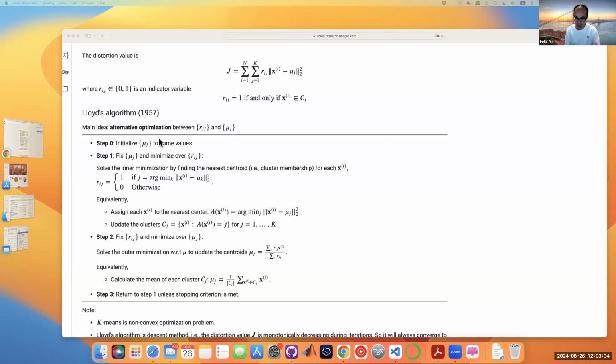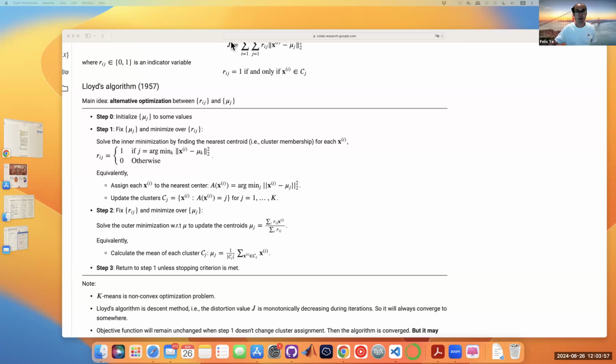This can ensure the whole procedure is more efficient, and you have a better chance to converge to the global minimum, rather than just doing 10 random restarts here. All right, but that's in the next lectures.